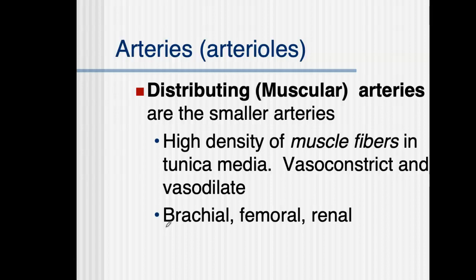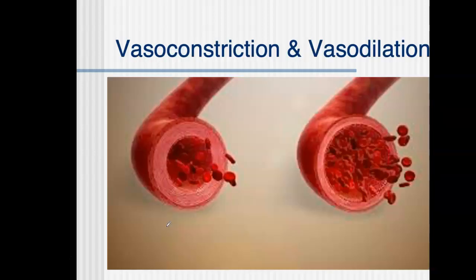So let me show you in a diagram. You have something like this. So you have vasoconstriction, where it's just becoming narrower, and vasodilation, where it's dilated out. And notice how many of these red blood cells are exiting. So fewer cells exiting when you vasoconstrict, many more exiting when you vasodilate.